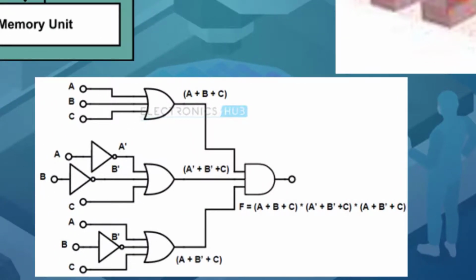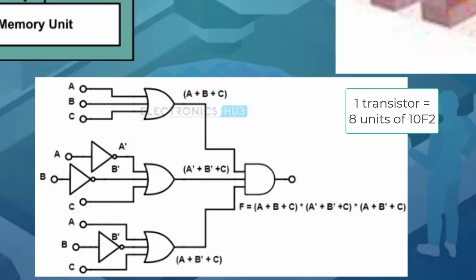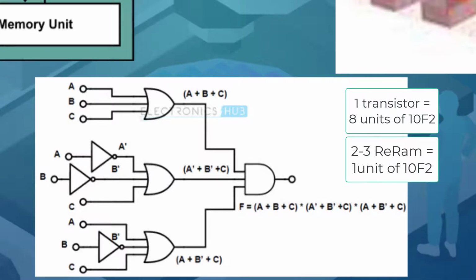Say, for example, to have a simple Boolean function such as logic AND, logic OR, and logic NOT, we should have multiple transistors to do that operation, where each transistor takes 8 units of 10F squared area, whereas the same logic function could just use 2 or 3 ReRAM memory cells, which is just around 1 unit of 10F squared area only.